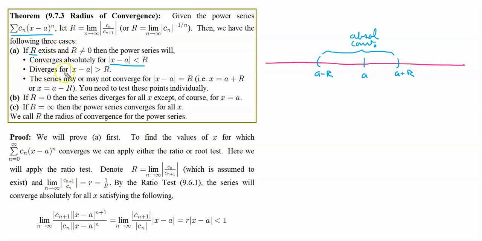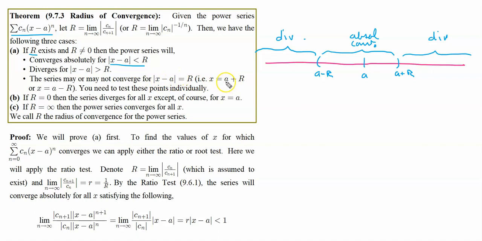Your power series will diverge for the absolute value x minus a greater than r. In other words, out here, all the way to infinity, you will have divergence of your power series, and back here also divergence. And then the series may or may not converge when the absolute value x minus a equals r.